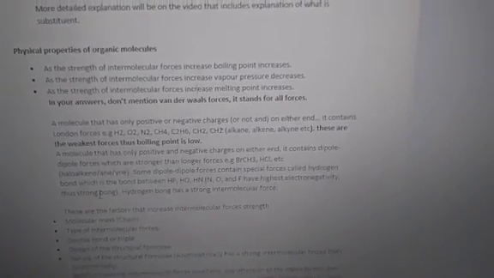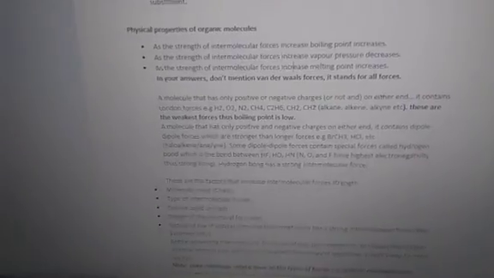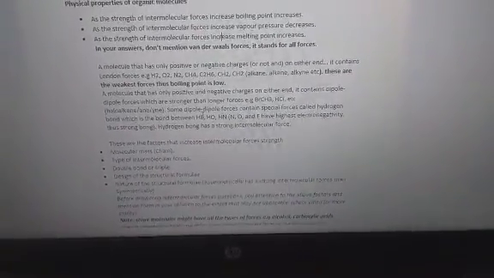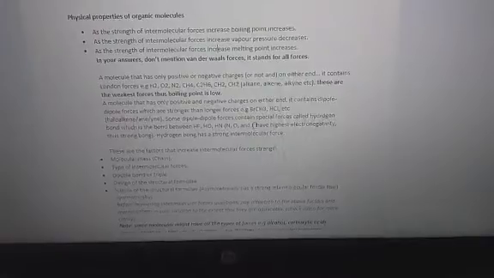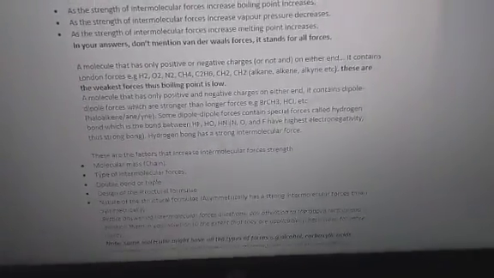Meaning for hydrogen bond to exist, there must be hydrogen, of course. Over and above having hydrogen in that compound, there must be one of these three elements: nitrogen, oxygen, or fluorine. Okay, that's where you have a hydrogen bond.